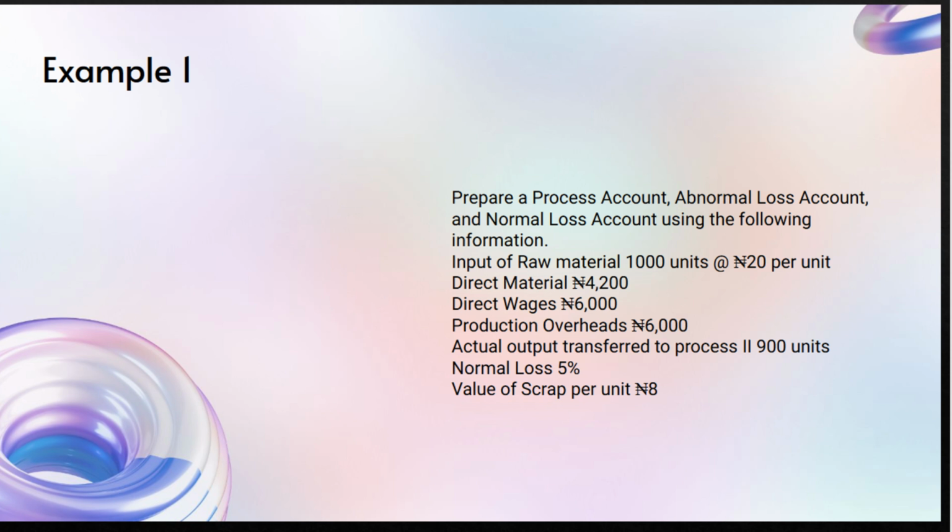So first of all, the format for the process account which we're asked to prepare is: particulars, unit, amount, then particulars, unit, amount for the credit side.